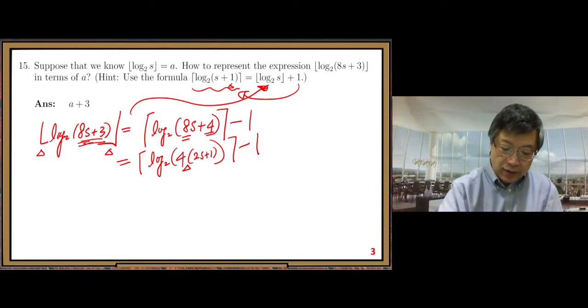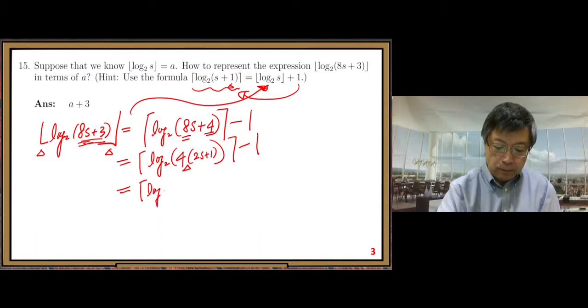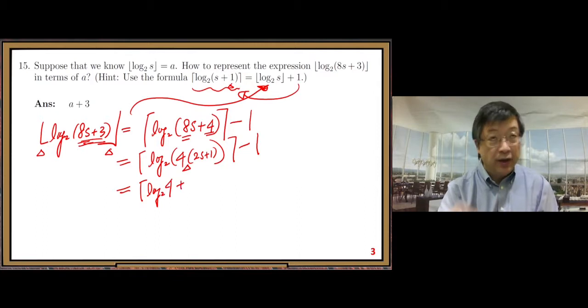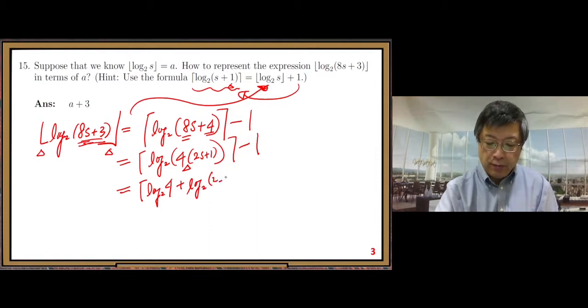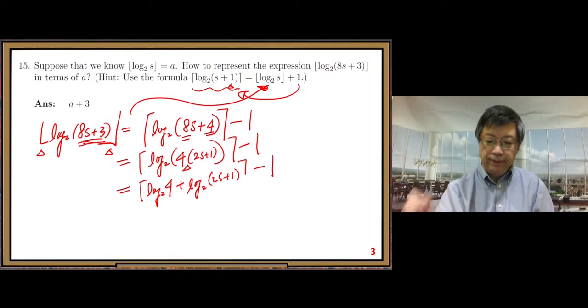So then we can have 4, this addition here, 2s plus 1 minus 1.